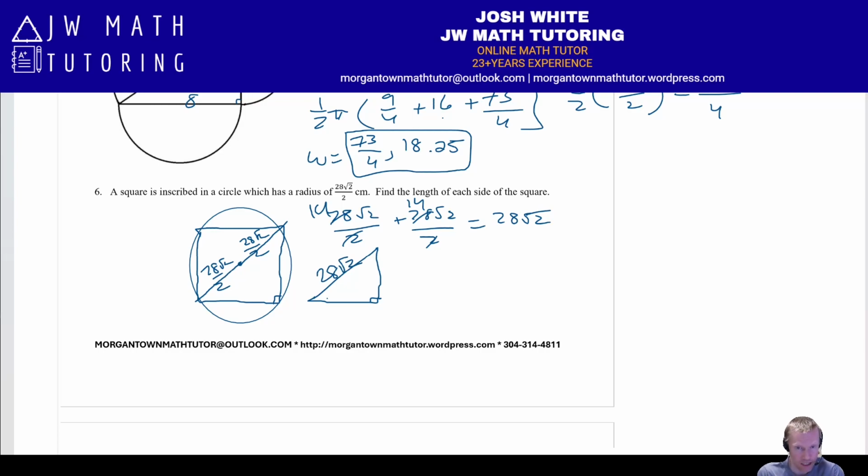So what are the side lengths? Well, if you know your 45, 45, 90 special right triangle side relationships, these are just each going to be 28. Okay, and that's the answer.